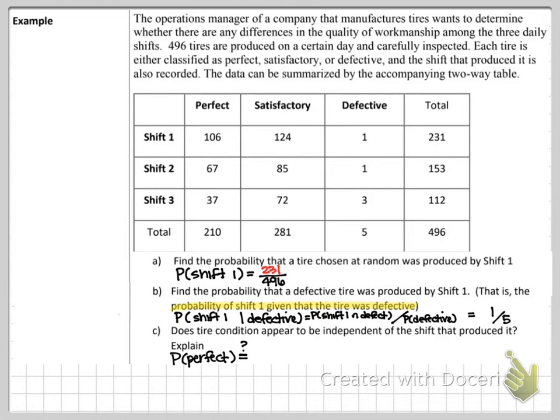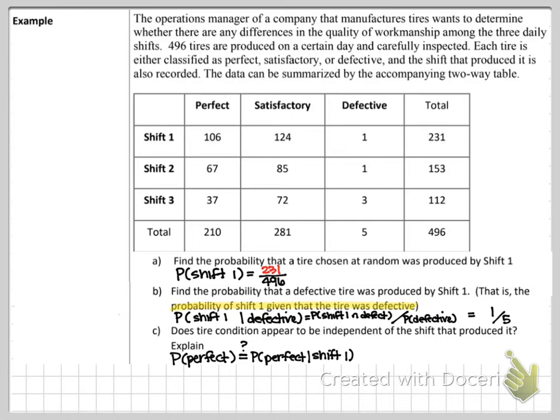All right, pick a shift. So I think I'm going to do shift 1. So it's going to be probability of perfect given shift 1.